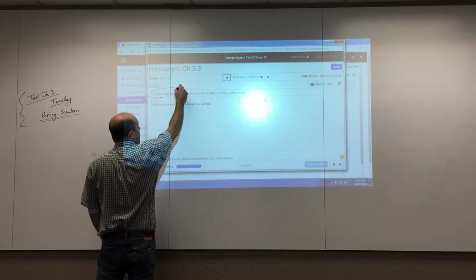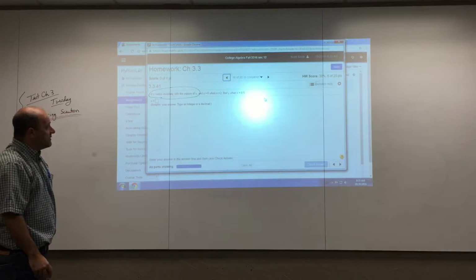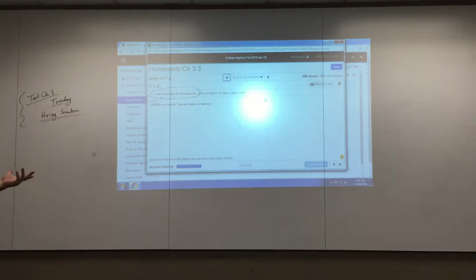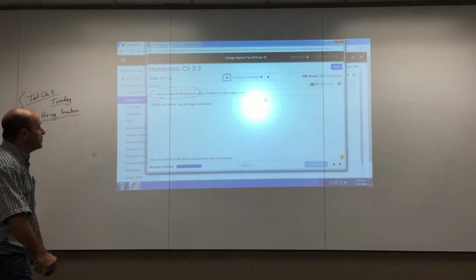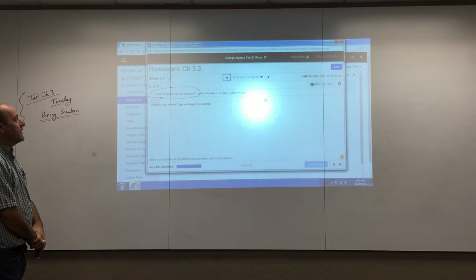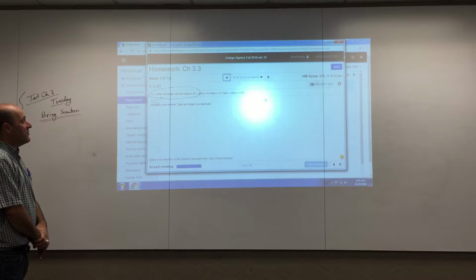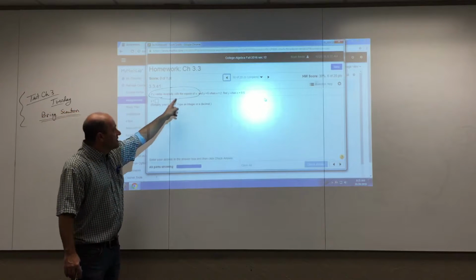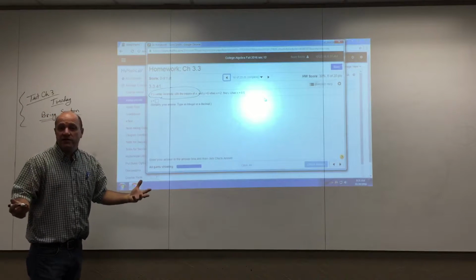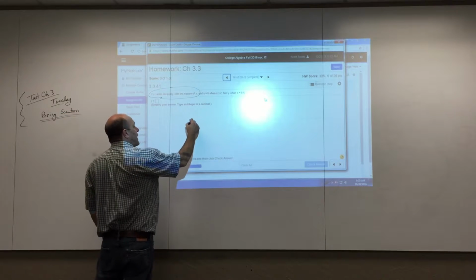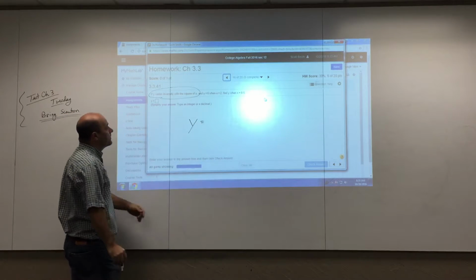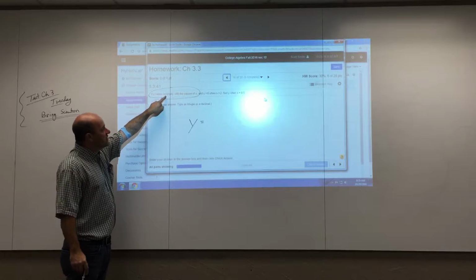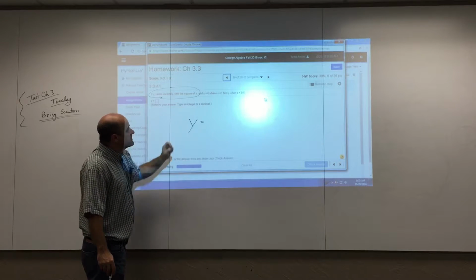Again, I barely helped you the other day, but I had some good notes on what that means. If you paid attention, you could handle this. But I'll help you. When you read that first part of the sentence, you should write an equation. And here's the equation you should write. Y equals, it varies inversely with the square of x.